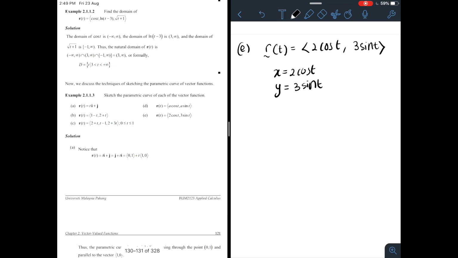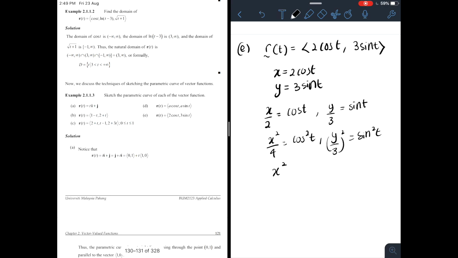I'm going to use the same procedure, applying trigonometric identities to get rid of the parameter t. I know that x over 2 is equal to cosine t and y over 3 is equal to sine t. So x squared over 4 is equal to cosine squared t and y over 3 squared is equal to sine squared t.